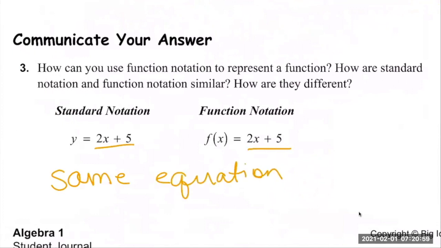The difference is the way that they write y. Those are the two things that are different. But other than that, they're basically the same thing. It's just a more, if you want to say fancier way to write it, sure, it's definitely a fancier way. But in the end, it is the exact same thing.